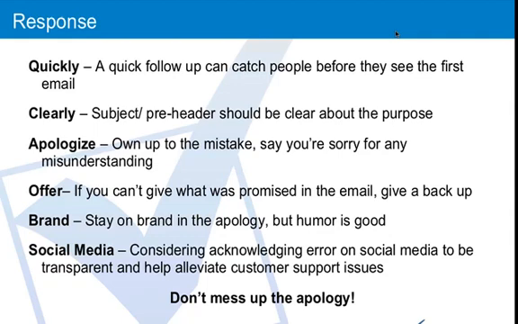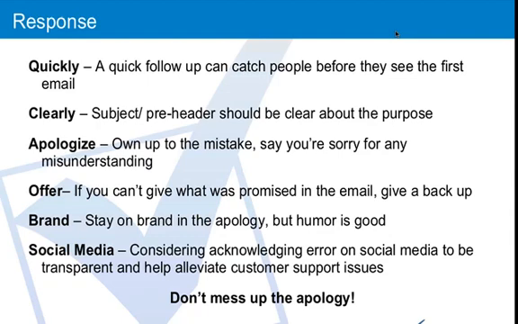You want to be clear in your follow-up email why you're sending an email, especially if you don't mail on a daily basis and you send another email out the next day, for example. So make sure your subject line is clear or your pre-header or both.